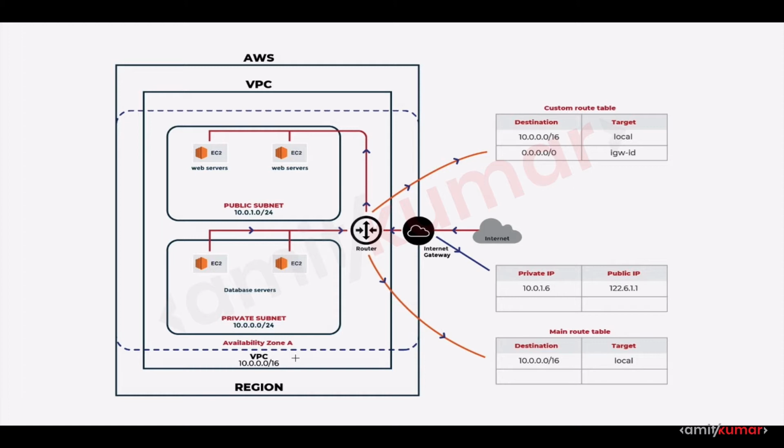Here, we have two subnets, one public and one private. The public subnet has CIDR of 10.0.1.0/24 and private has 10.0.0.0/24. Both will have 2 raised to 8 IP addresses. So the formula is 2 raised to 32 minus the mask, which is 24 in this case and 16 in case of VPC.